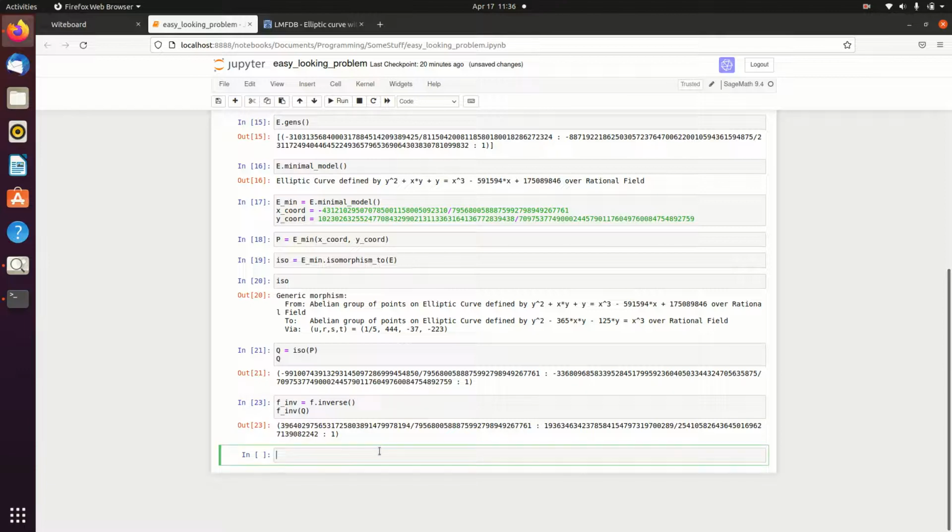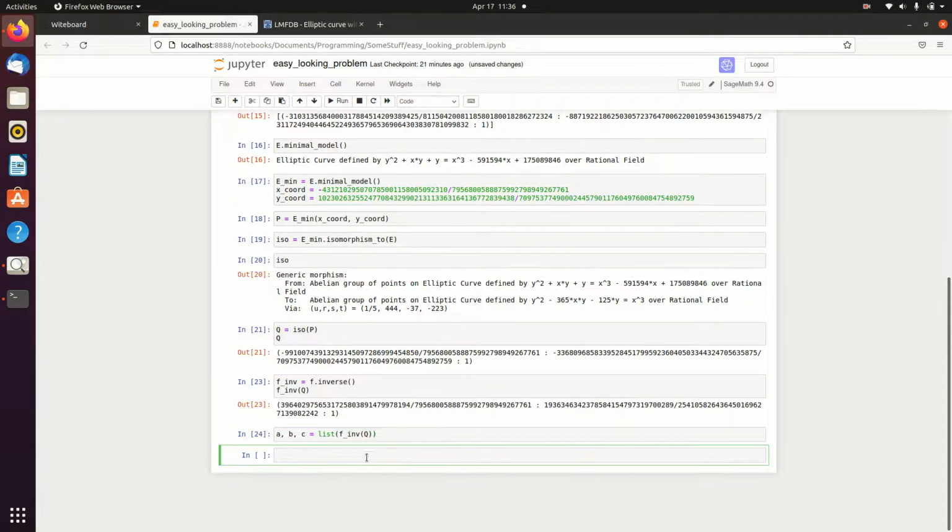Okay, so let's take A, B, C to be the coordinates of this point Q, and now we take A to be A times the denominator of A times the denominator of B, so that we get integers.